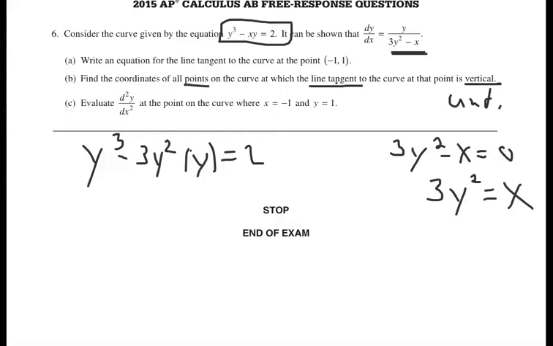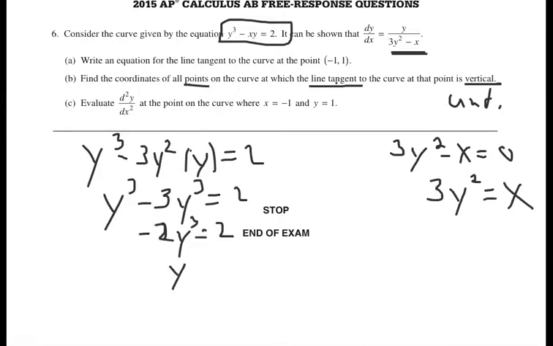So I'm going to get y cubed minus 3y cubed equals 2. -2y cubed equals 2. Divide by -2, so y cubed equals -1. Cube root of -1 gives me y equals -1. So my y value is -1.